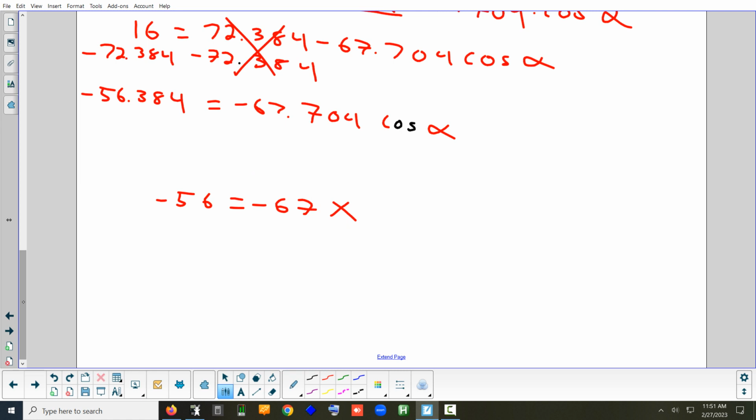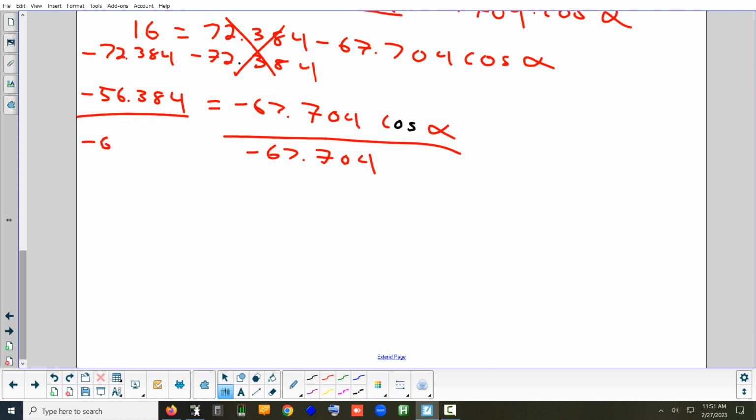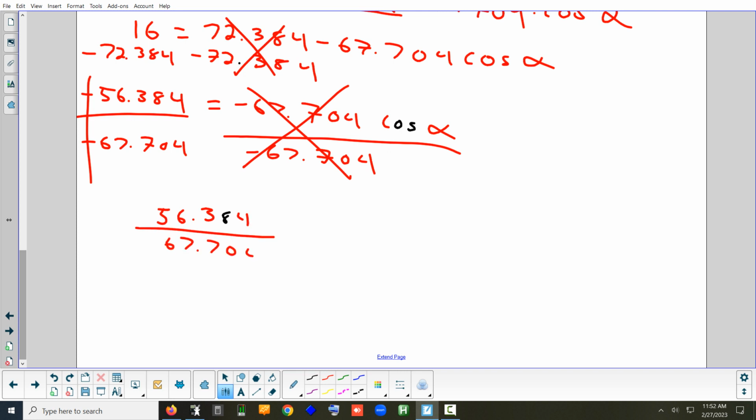Divide by, in this case, the negative 67.704. Those are gone. And don't even worry about doing this out, because the more rounding you do, the worse it gets. So just leave it. 56.384 divided by 67.704.